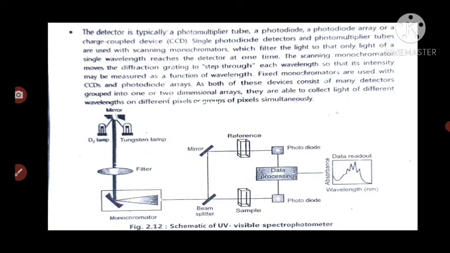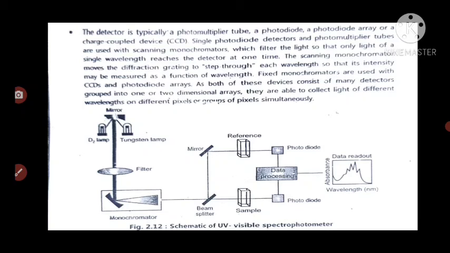So if you see in the figure, the lamps are there, tungsten lamp and D2 lamp, deuterium lamp, and the monochromator filter between them is used, because we want to make the light incident as a single monochromatic beam, and the diffraction grating steps through each wavelength, so that the intensity may be measured as a function of wavelength.